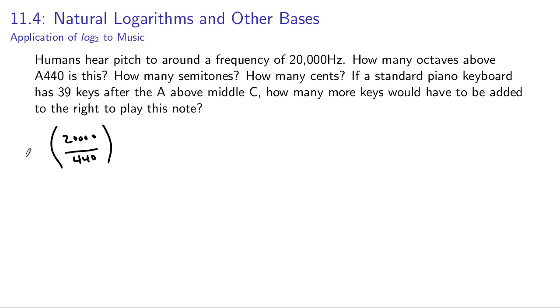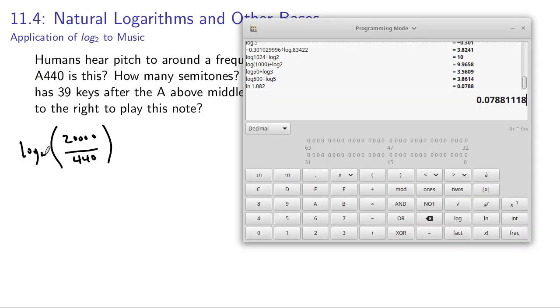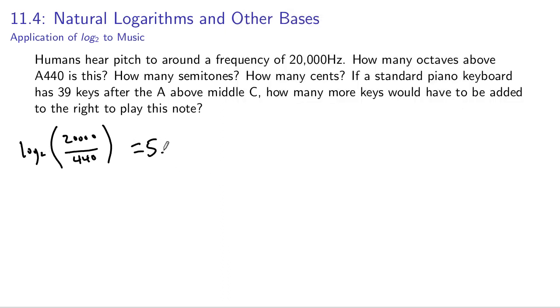All we have to do is take the log base 2 of 20,000 over 440 to find the number of octaves. On the calculator, we take the logarithm of 20,000 over 440, and to find log base 2, we just divide by log of 2, as we saw a few slides ago. That gives us 5.506, the number of octaves, or about 5.5 octaves above A440.